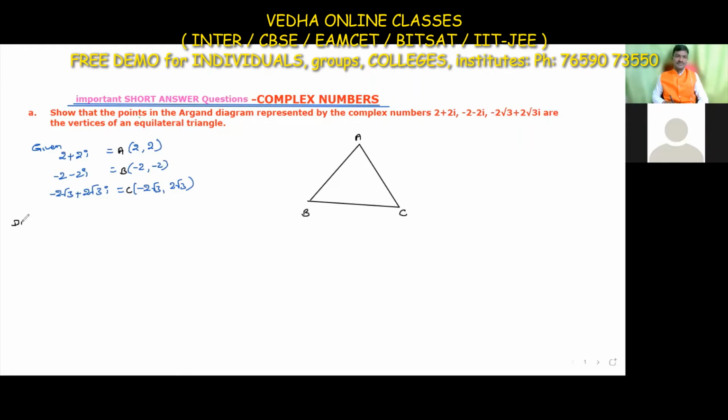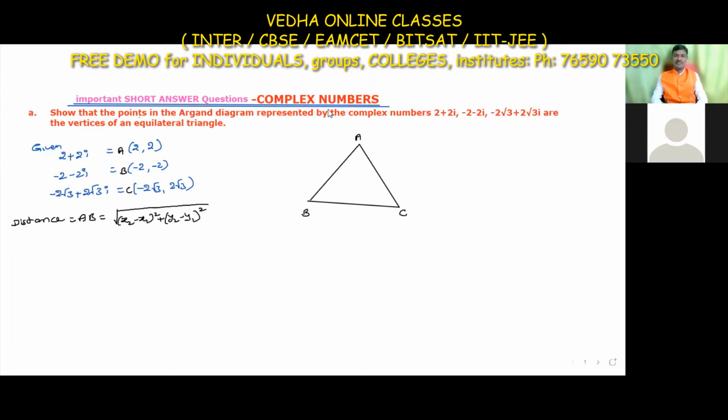Here the distance AB is equal to the square root of (x2 minus x1) whole square plus (y2 minus y1) whole square.